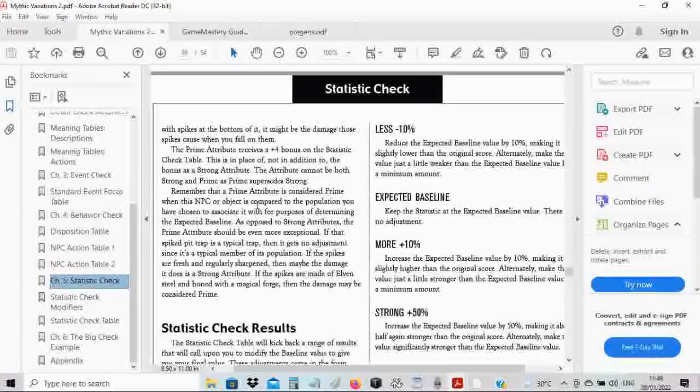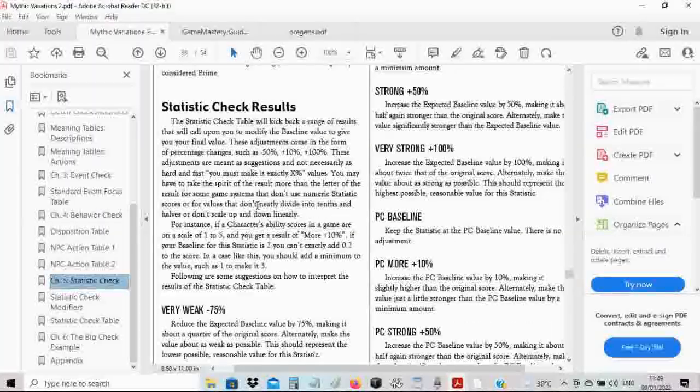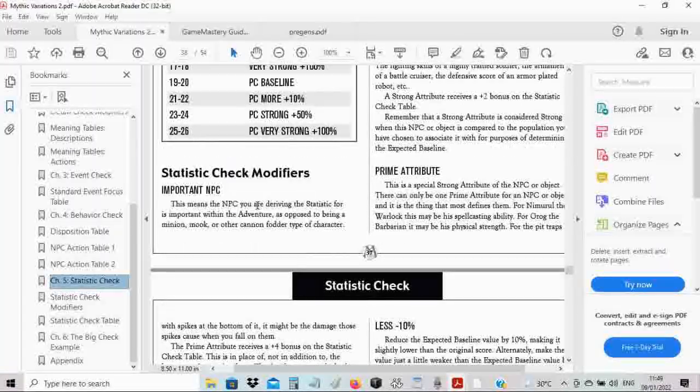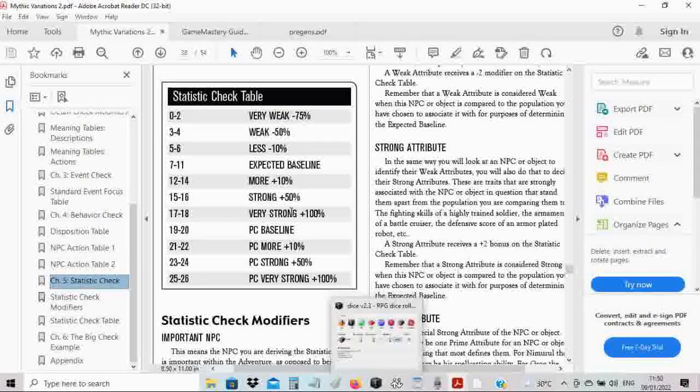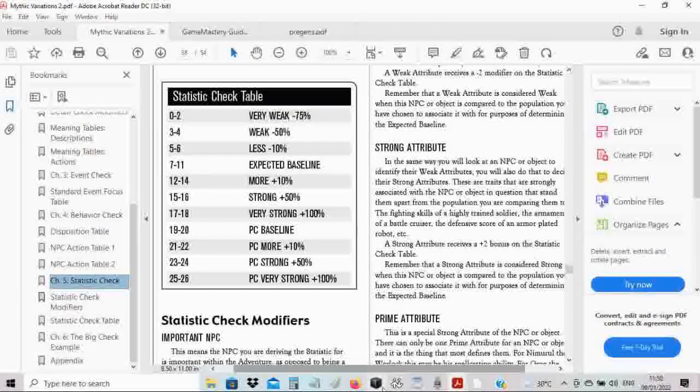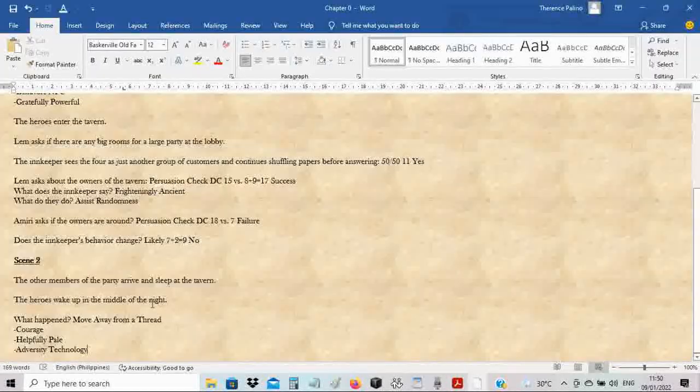This is like if you want to determine what type of character appears. 7 to 11 is your expected baseline. These are your normal characters, but beyond that, for example, I can add it in.